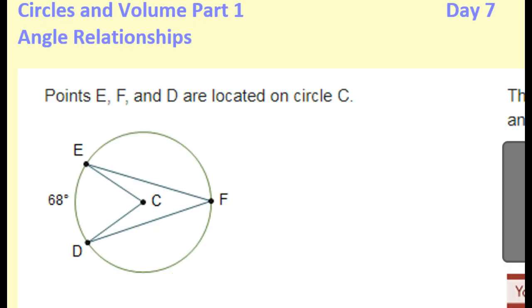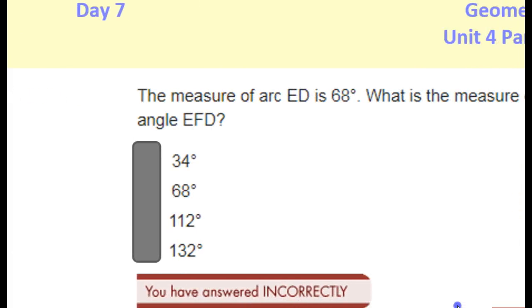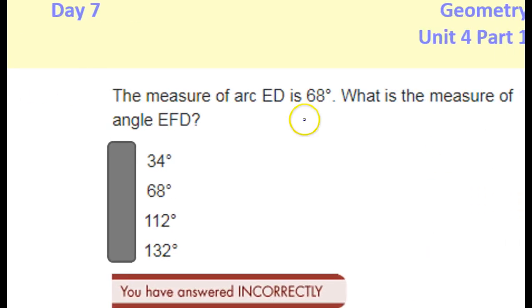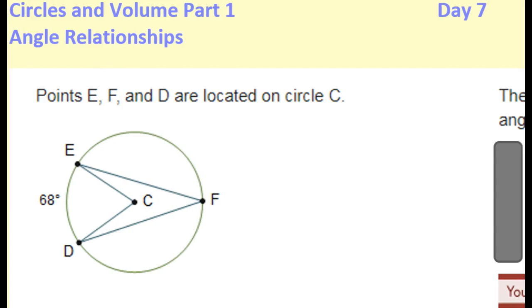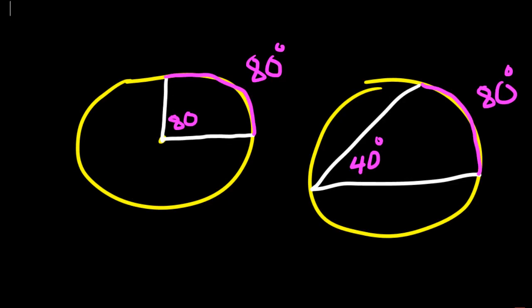Take a close look at this picture. They are asking us to find the measure of angle EFD. Angle EFD is this angle right here. Notice that this is an inscribed angle.